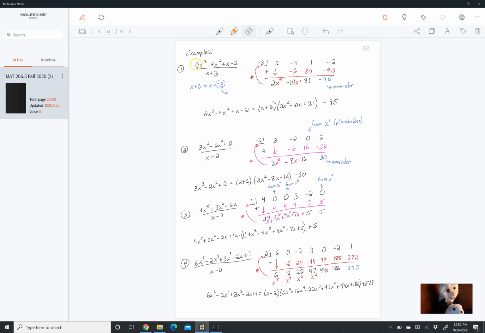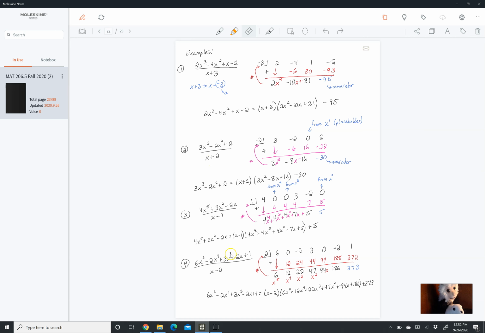If we plug negative 3 into this polynomial, we get the remainder, negative 95. If we plug in negative 2 into this polynomial, we get the remainder, negative 30, and that tells us what the remainder is when we divide by x plus 2.